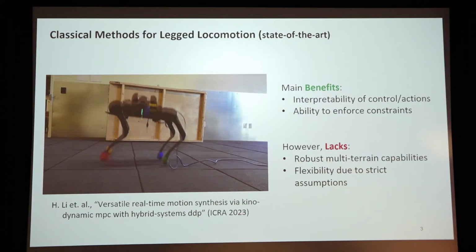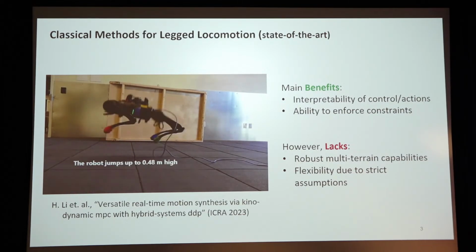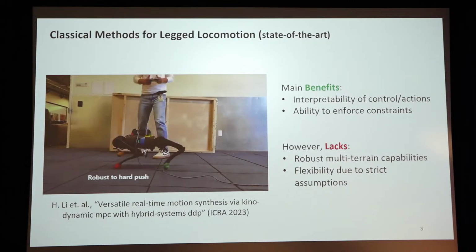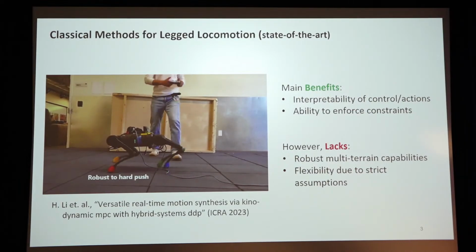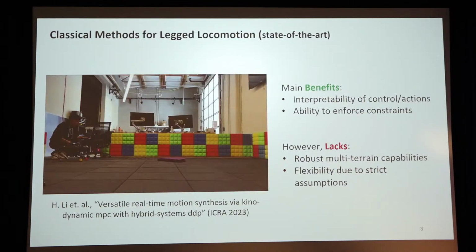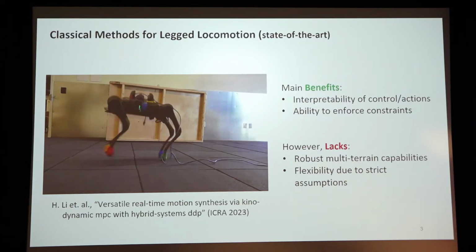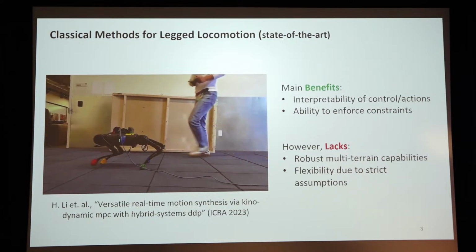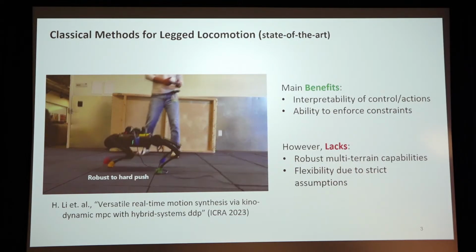But the problem with these classical approaches is that they lack the ability to generalize to all situations. More specifically, let's say in this case, you want the quadruped robot to not only work on relatively flat surfaces, but also on, let's say, dense forest areas. In such cases, these methods don't generalize that well.